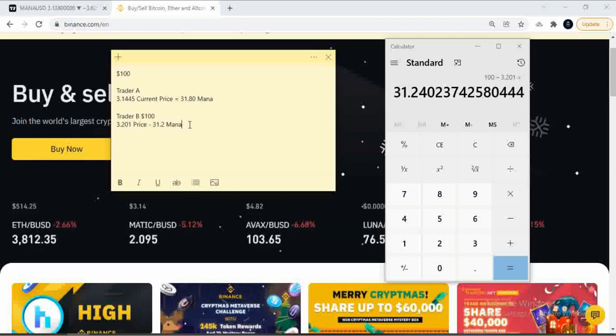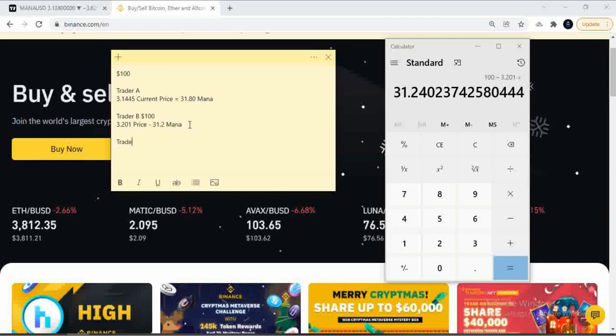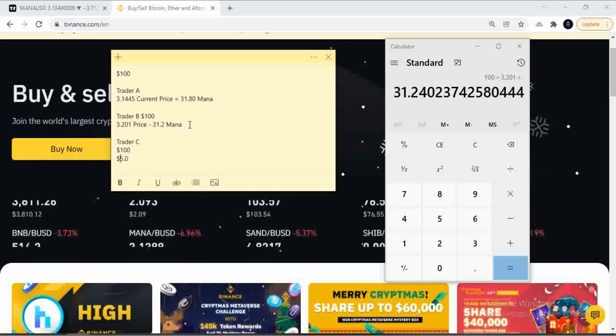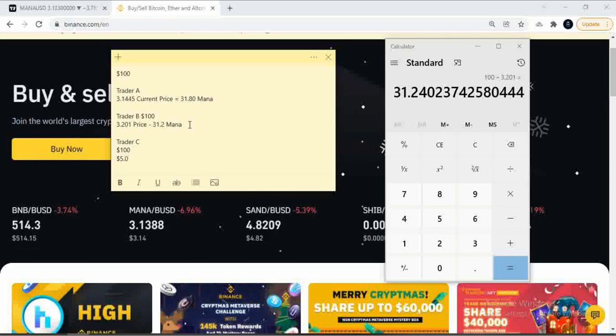Okay, and let's say trader C wants to buy MANA with $100. Let's say MANA goes up to $5.0, after maybe 5 days, 1 week, 1 month, and the price goes up, and he wants to buy with $100.